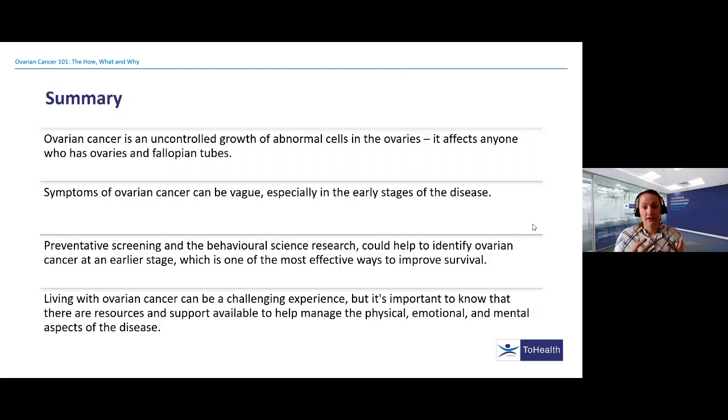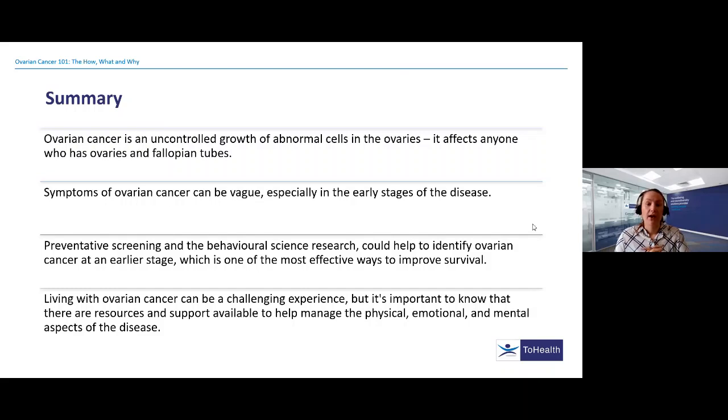We've identified those risk factors to be aware of, but also the symptoms of ovarian cancer, which can be extremely vague and common. So, as I've mentioned before, my key takeaway for you here is be aware of those risk factors, understand and know what those signs and symptoms are to allow for that early intervention and that preventative screening, because it can help identify ovarian cancer at a much earlier stage.